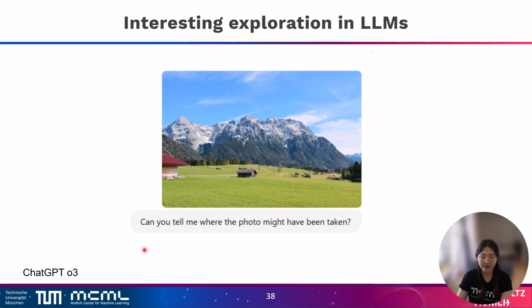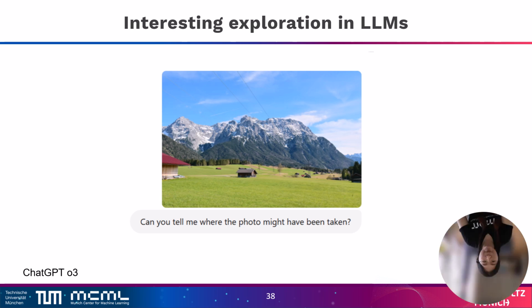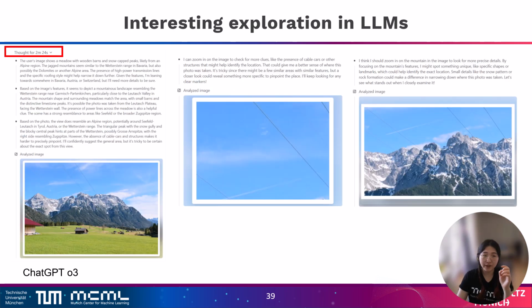Then I ask the question: can you tell me where the photo might have been taken? For me, if someone gave me the photo and asked where it was taken, I would say they're crazy, I cannot solve the problem. But let's see how o3 answers. Here, o3 thinks for about 2 minutes and 24 seconds at the beginning.